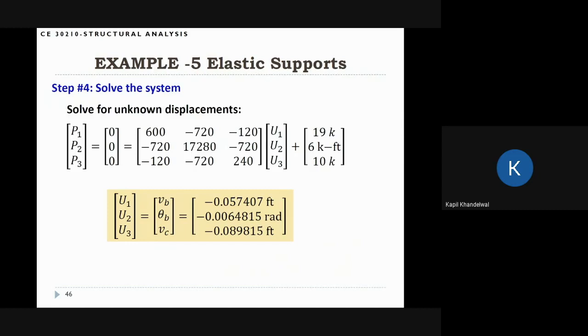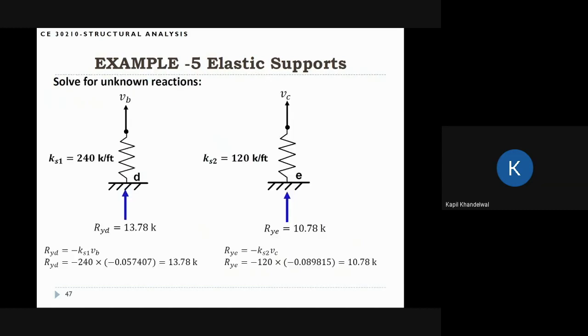After we have this, we can find the support reactions at D and E. D is at the end of the first spring, and E is at the end of the second spring.